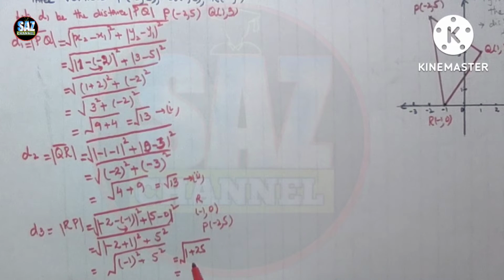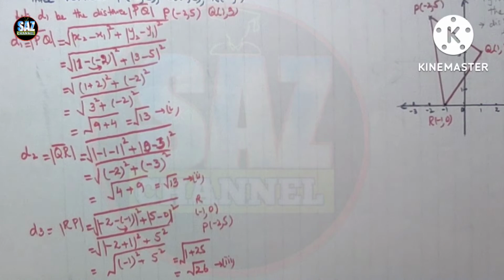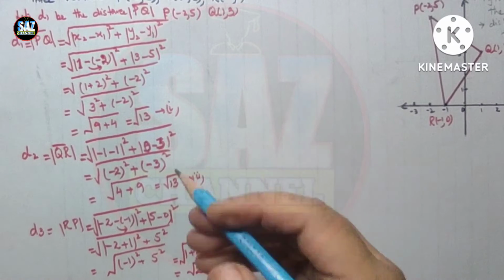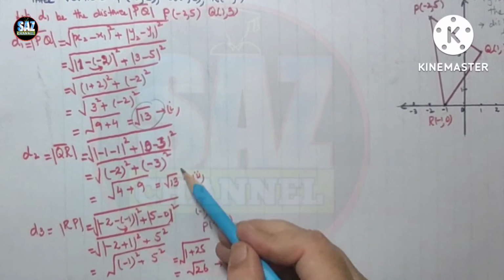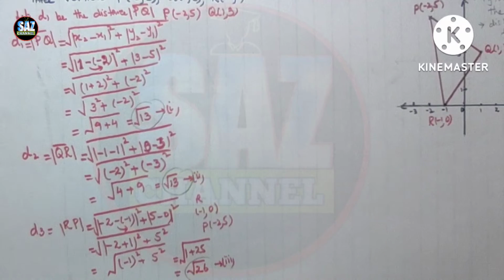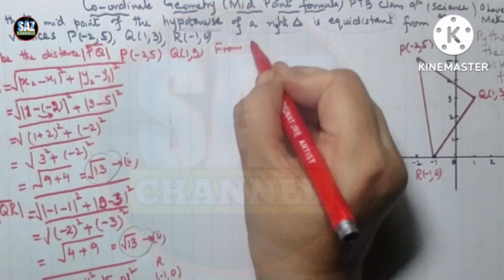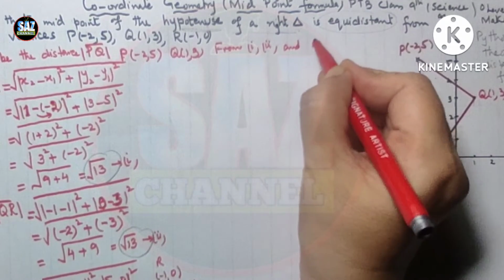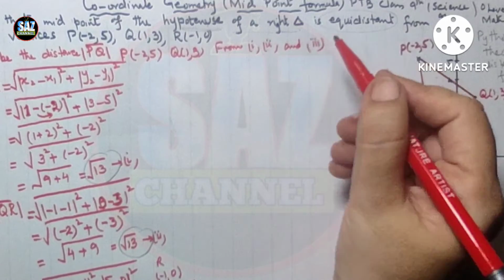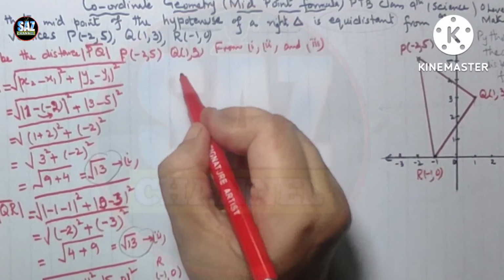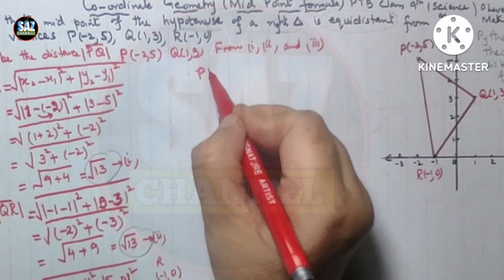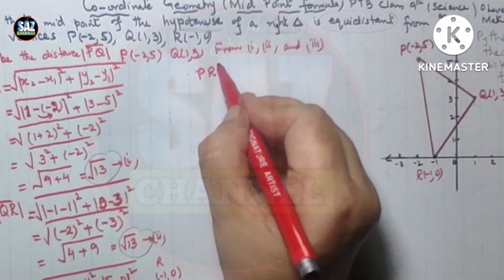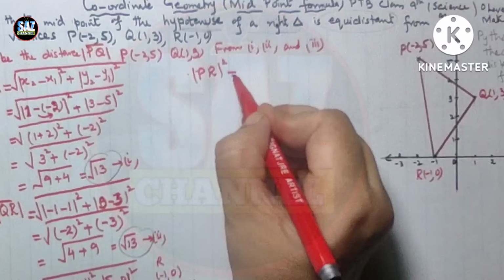Now do observe all the answers carefully, students: this is square root 13, this is square root 13, and this is square root 26. It means that if I take PR from 1, 2 and 3, PR square equals what? PQ square plus QR square.